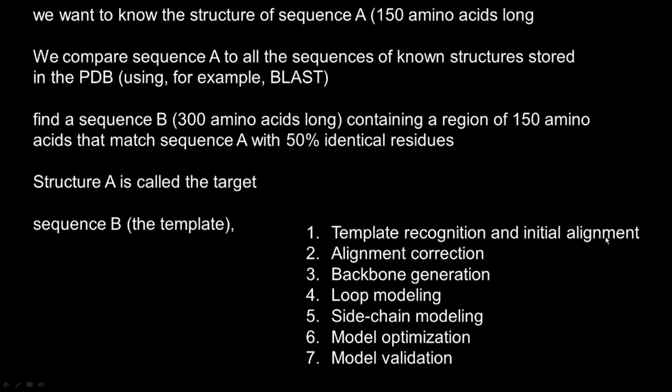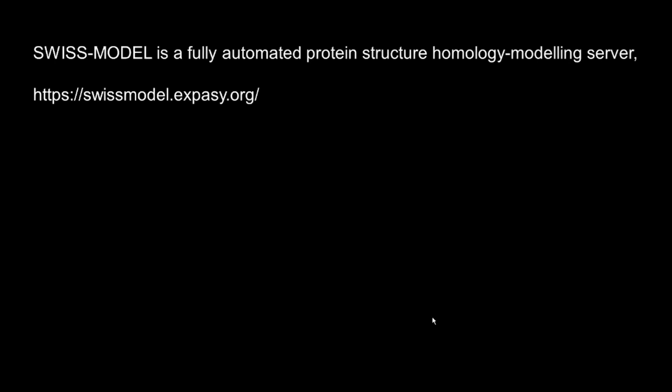So we do template recognition, initial alignment, alignment correction, then backbone generation, loop modeling, side chain modeling, model optimization, and model validation. All these things are done when you do homology modeling. So first you compare the sequences, then we do the homology modeling.